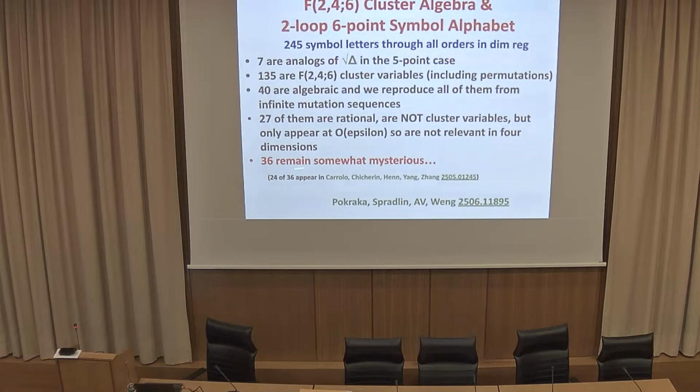But some puzzle remains, and we continue thinking about it. But it's very important because once you have this, you can start making conjectures and predictions for higher points and higher loops. Okay, so I tried to start broad and talk to you about the 25-year-old subject, but now I go to my last papers.